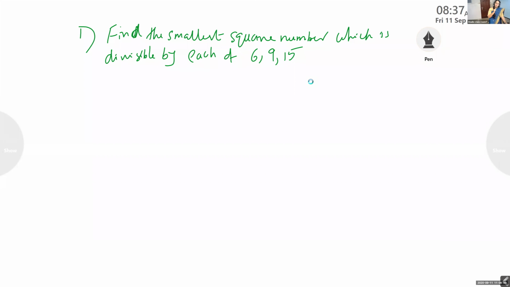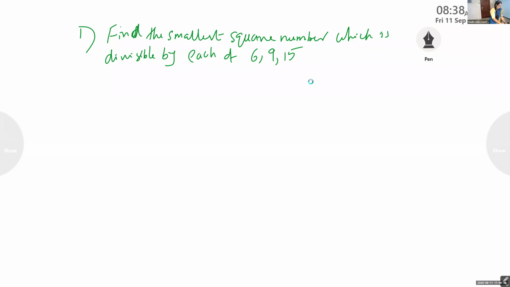So first of all, we will find the LCM of these 3 numbers and we will check whether the LCM is a perfect square number or not. If it is not a perfect square number, we will find the least perfect square number greater than that number.